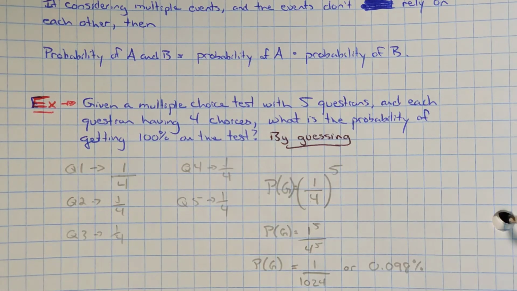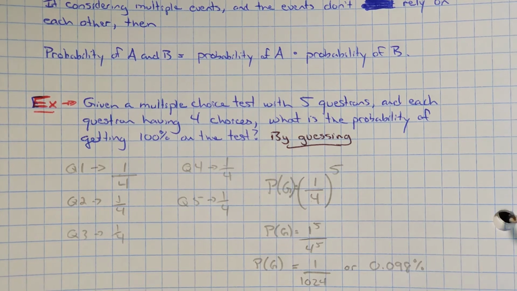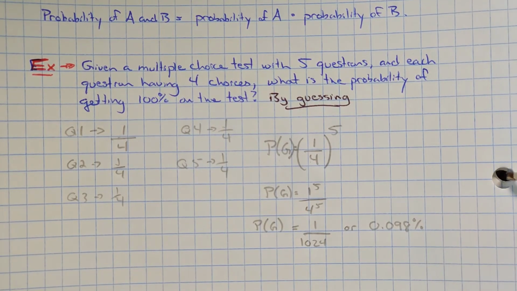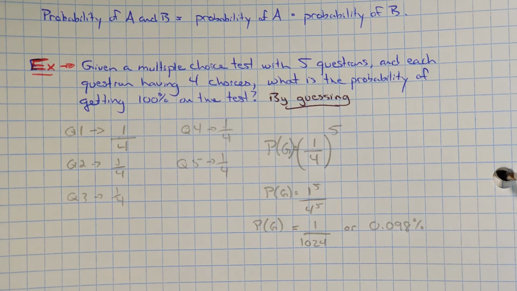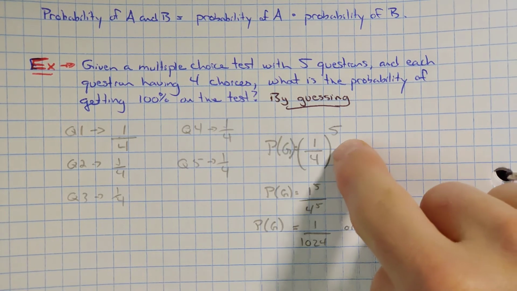So you have way less than a 1% chance of guessing correctly 100% on a 5-question multiple choice test with 4 choices on each one. So again, whenever we have a probability, you just take your probability, and the number of times that you're doing it is going to be your exponent.